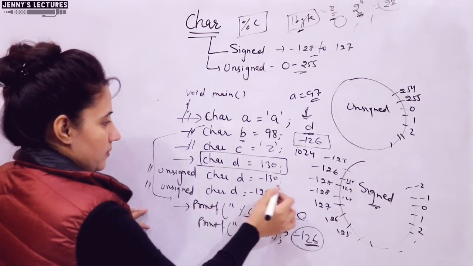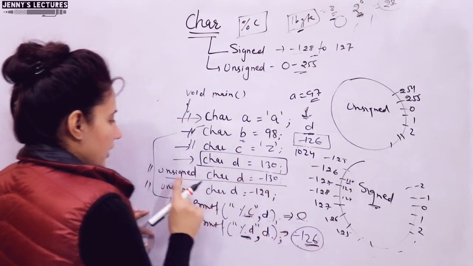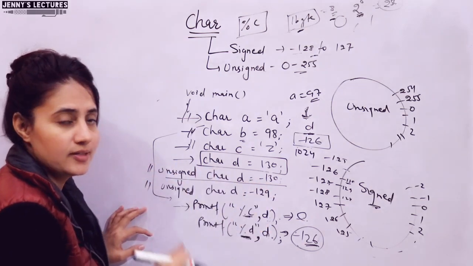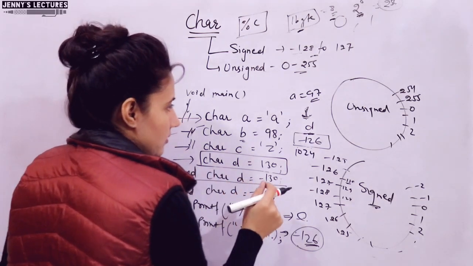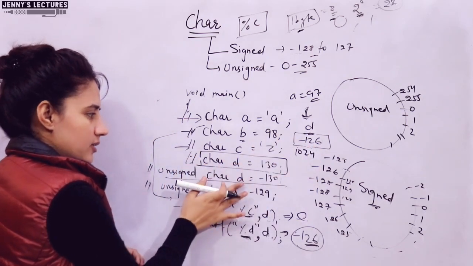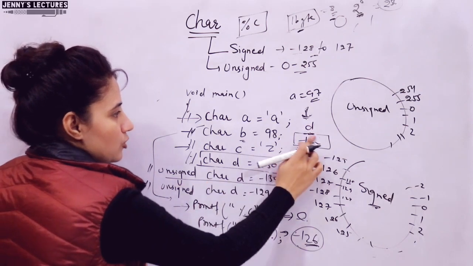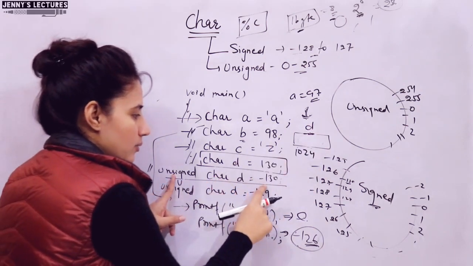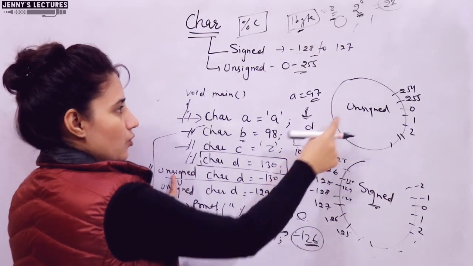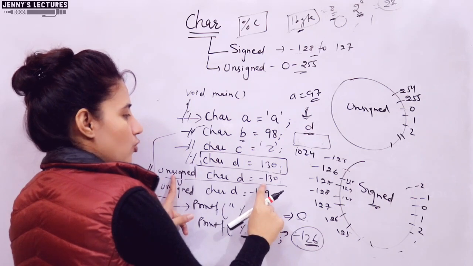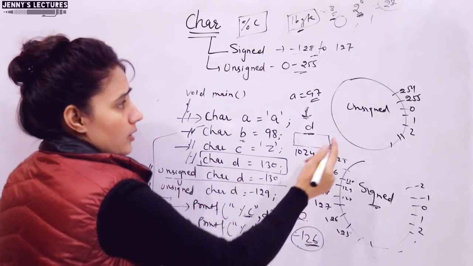Now suppose this one is unsigned char, but here I am storing minus 130. Then what would be the result? Let us suppose I comment this line, and I take the same variable name D here. So what would be stored here? Unsigned char value is minus 130. So in unsigned, check where this value minus 130 is.